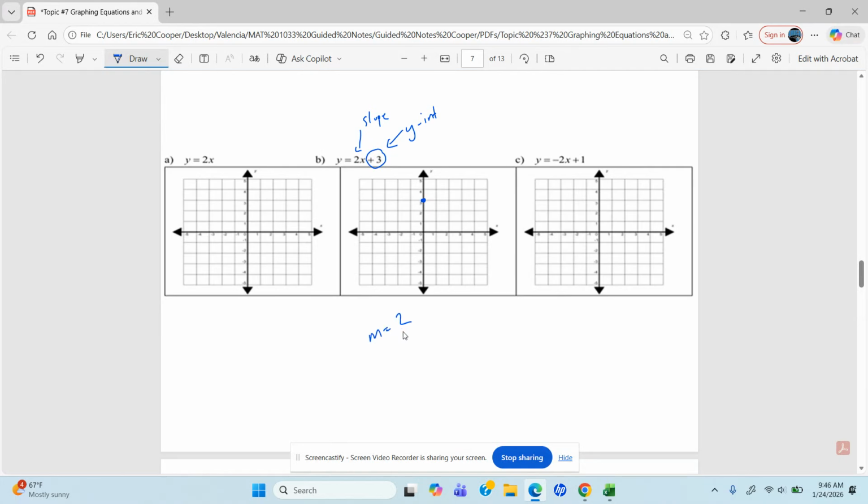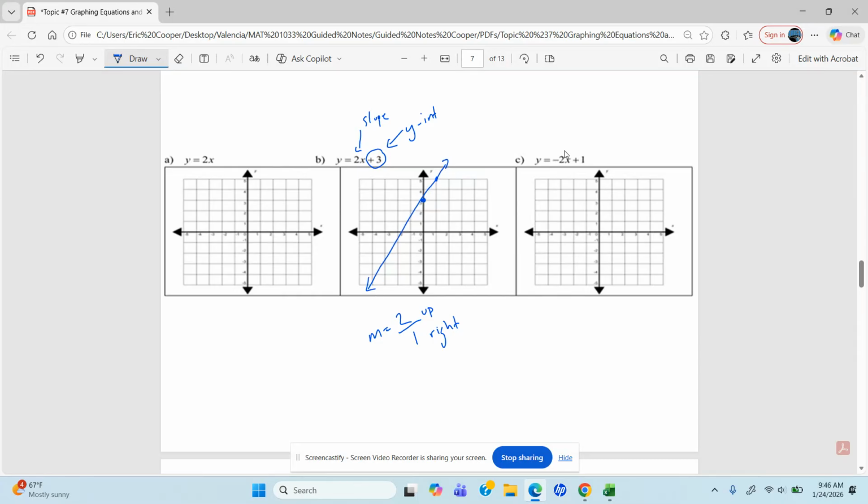Now, we always like to write slope as a fraction, and any number that doesn't have a fraction bar underneath it, we could turn into a fraction by putting a 1 underneath it. So 2 and 2 over 1 are the same thing. Because it's positive, we're going to go up 2 first, and then to the right 1 from our y-intercept. So from here, we'll go 2 up and 1 to the right, and we'll use that to graph our equation.